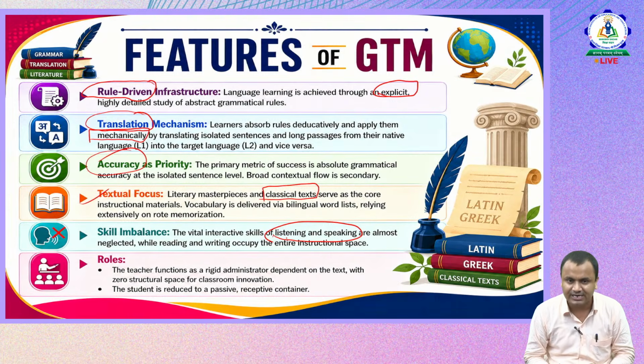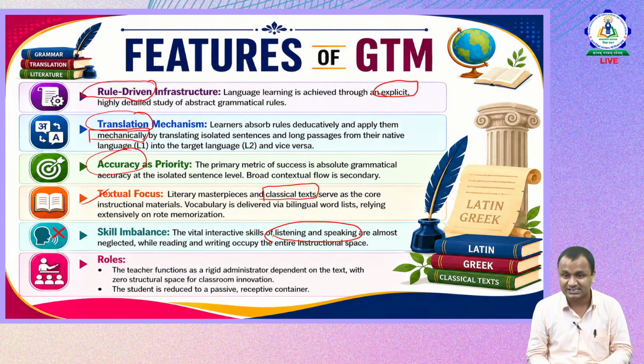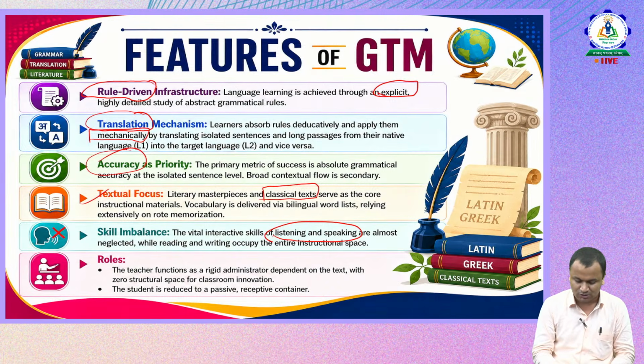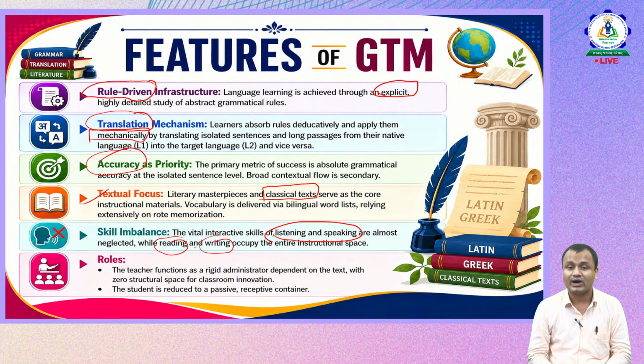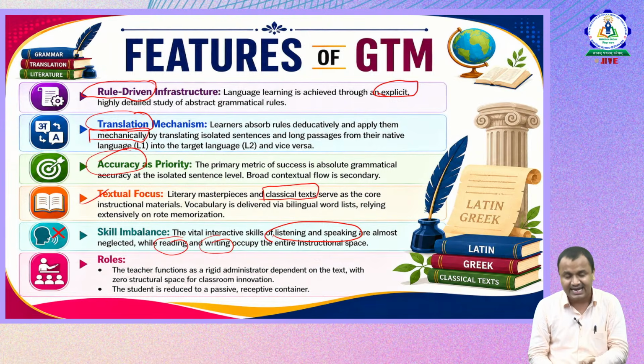While teaching through GTM, we do not focus on listening and speaking. Our complete focus or attention is generally on the reading and writing aspect of the language. So while teaching through GTM, reading and writing is focused, whereas listening and speaking is ignored, is neglected. So this creates a skill imbalance.